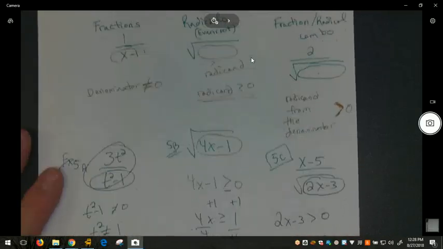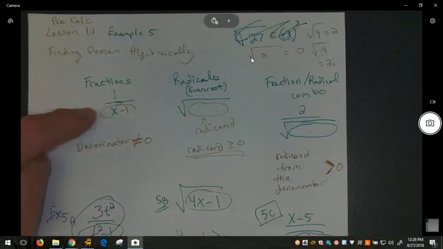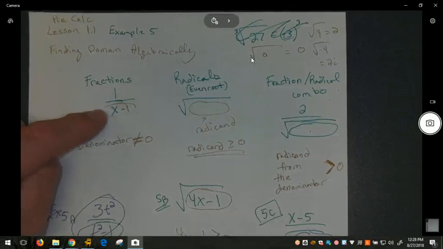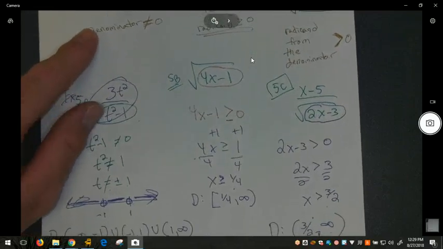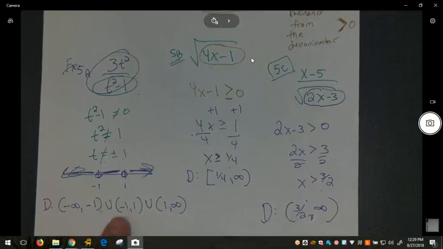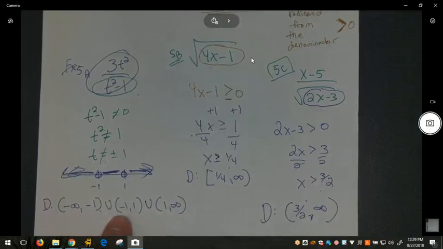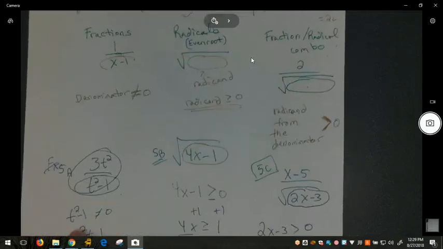So once again, just to summarize this last example, finding the domain algebraically: if you have a fraction, set the denominator equal to 0, and then make sure that you exclude those values. You can see that on my number line and in the interval notation, and that you have those restrictions on your domain, that t cannot equal plus or minus 1.